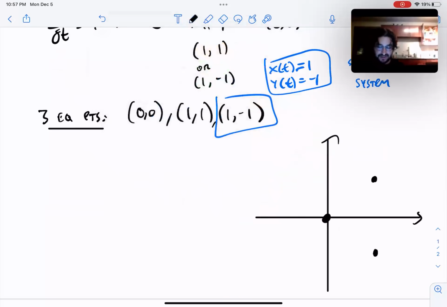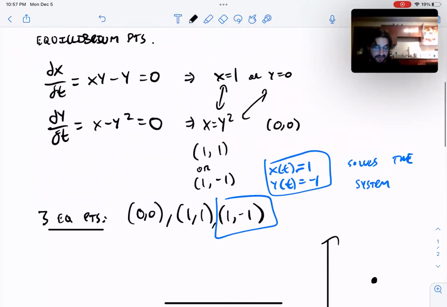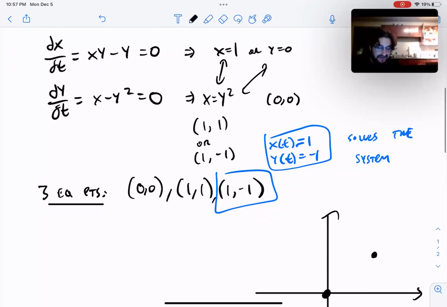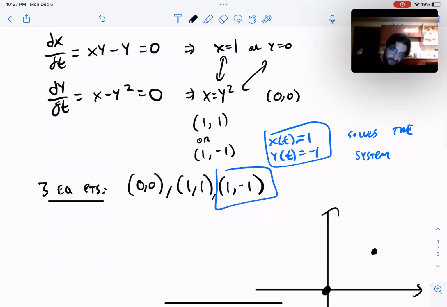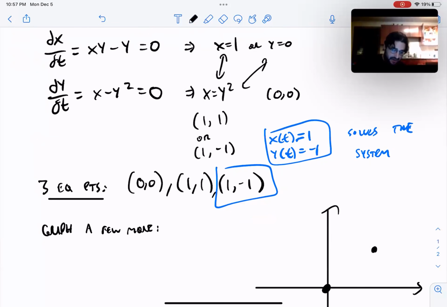So then what else happens from here? Well, we could start plotting arrows. It's still a valid vector field. Sometimes it can be helpful to graph a few more that aren't just the zero vector, just to see things a little bit. Say I graphed at 0, 1.